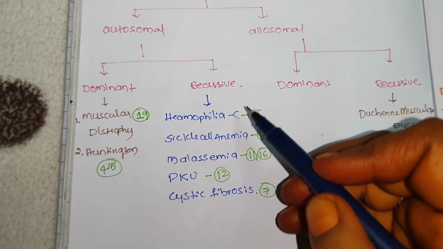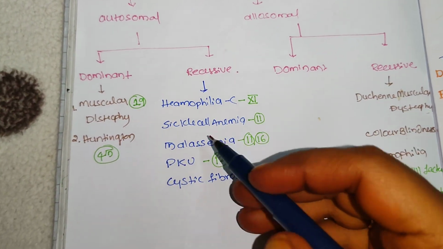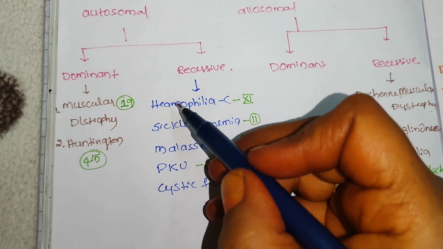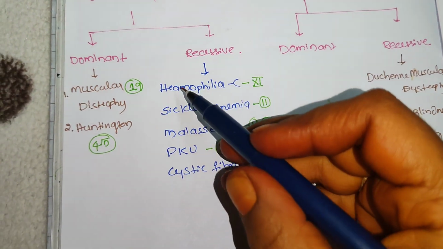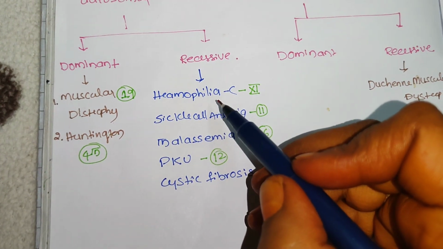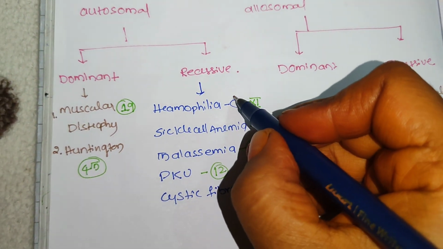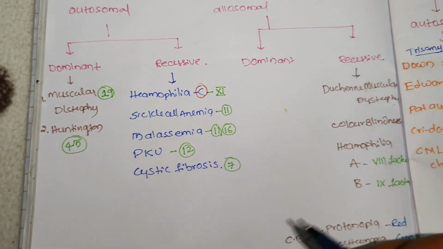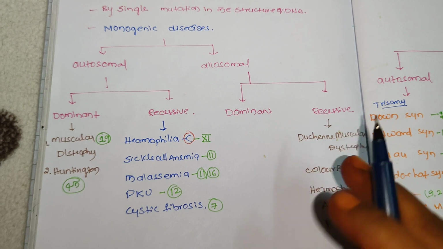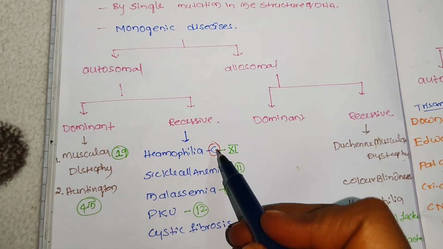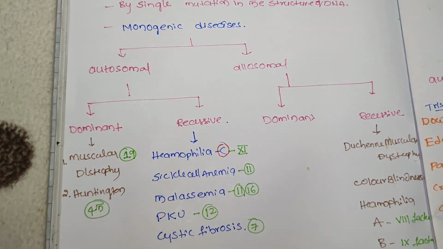In the recessive, hemophilia. Remember hemo means blood; sickle cell is blood related, thalassemia is also blood, Hb related. So you can easily remember hemophilia. That too, hemophilia C only is autosomal. Then A and B are allosomal recessive. Point to be noted: just C is autosomal recessive.